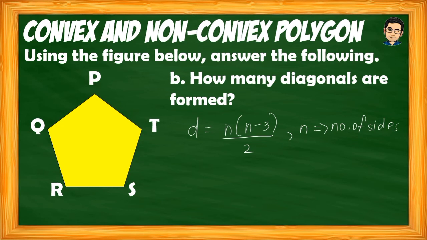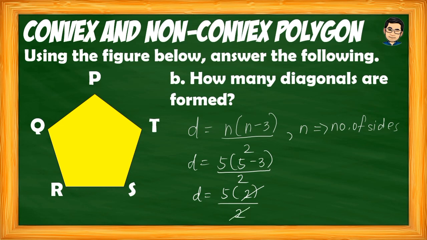So therefore, N is equal to 5. So magiging ganito siya, D is equal to 5 times 5 minus 3 all over 2. D is equal to 5 times 5 minus 3, that is 2, all over 2. And then we can cancel out 2 from the numerator and 2 from the denominator. It means D is equal to 5. It means yung ating pentagon, yung polygon natin has 5 diagonals.